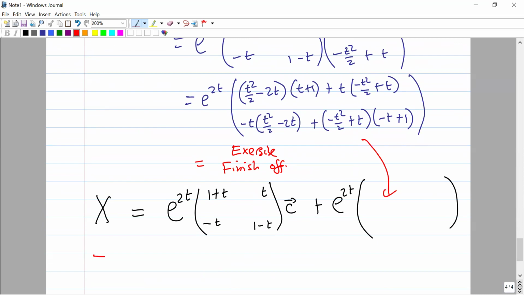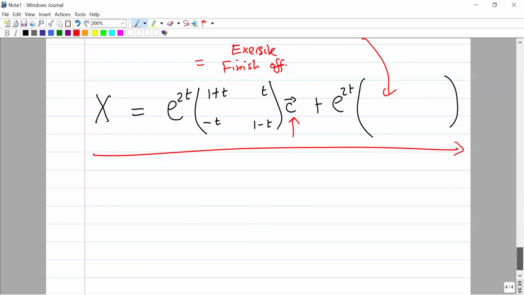And you have your solution. And take note that because we do not have initial conditions, c remains just a general vector of constants of integration.